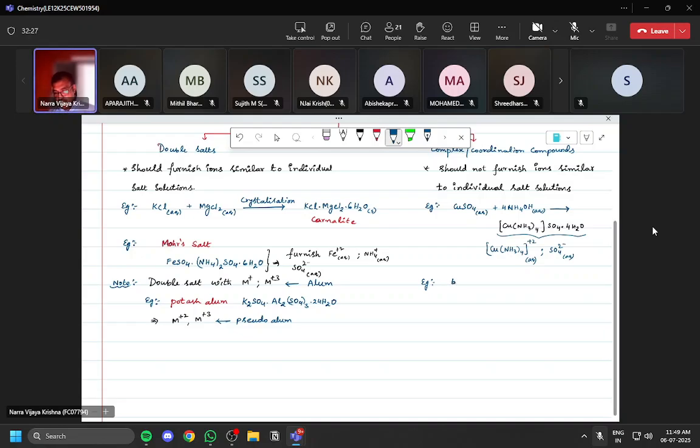Six moles of KCN with FeSO4 gives rise to K4[Fe(CN)6] plus K2SO4.